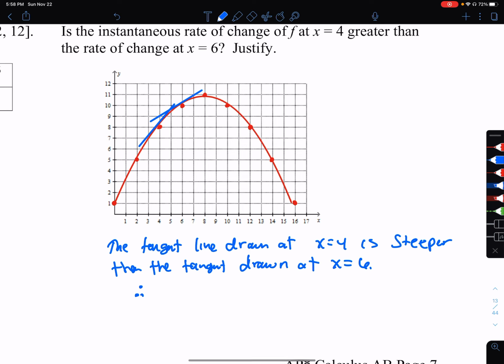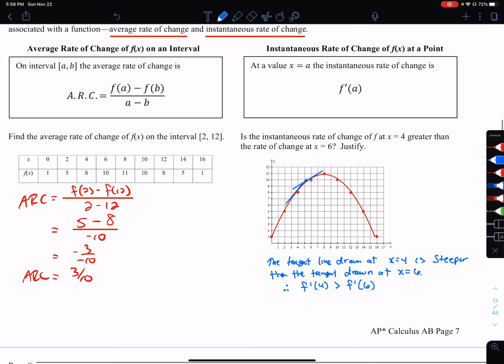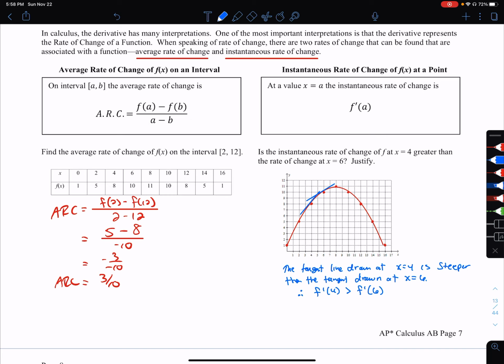Therefore, f prime of 4 is greater than f prime of 6. Done. That's a review of average rate of change and instantaneous rate of change. We're going to be using that when we talk about Rolle's theorem and the mean value theorem.